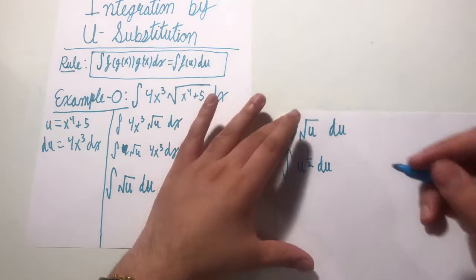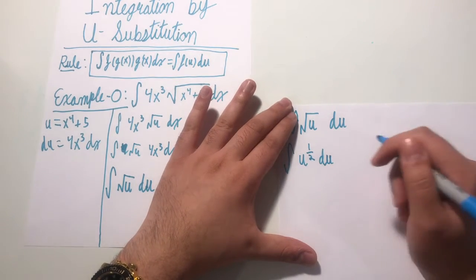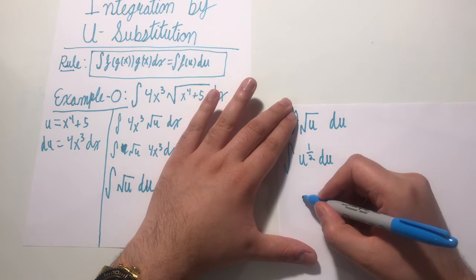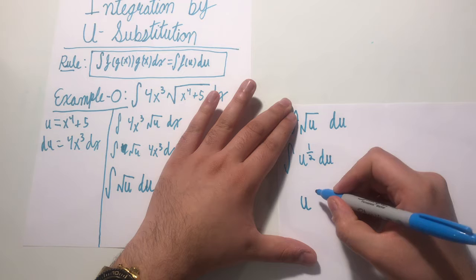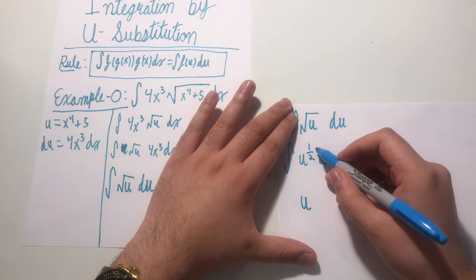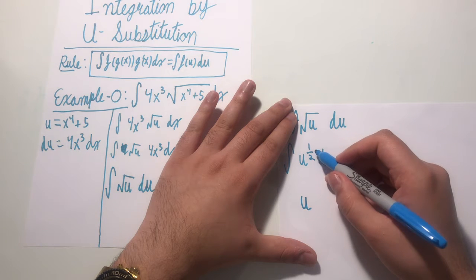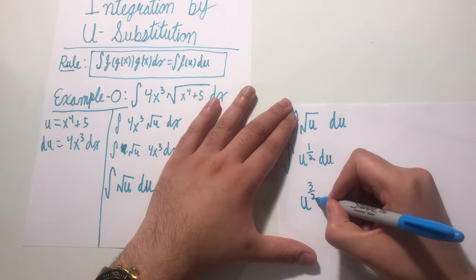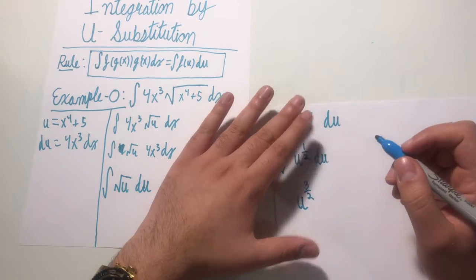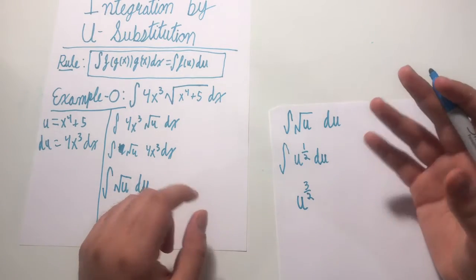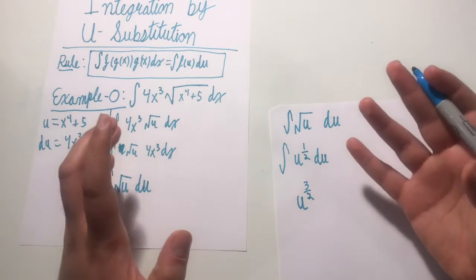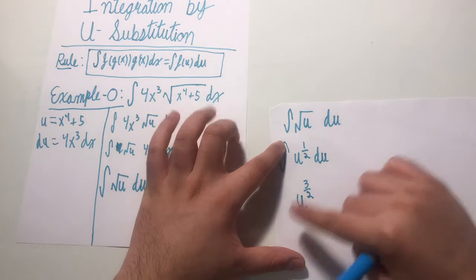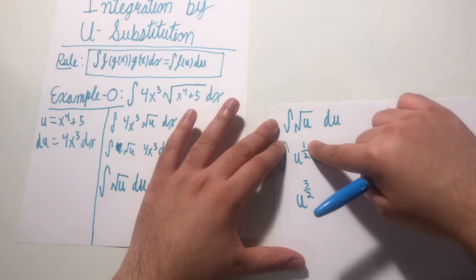So what are the steps? Well, in order to do that, we have to add 1 to the exponent. So we know u is still our base, and 1/2 plus 1 should be 3/2. And what do we have to do? We have to divide or multiply by the reciprocal of what the new exponent is, not the original.